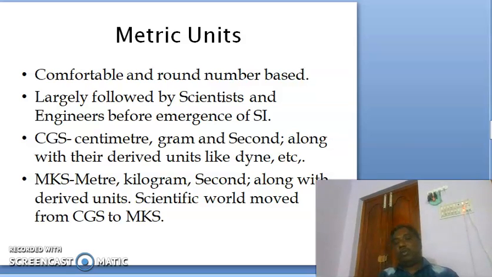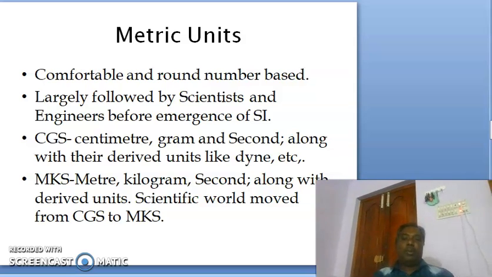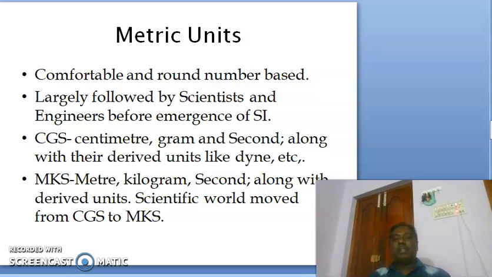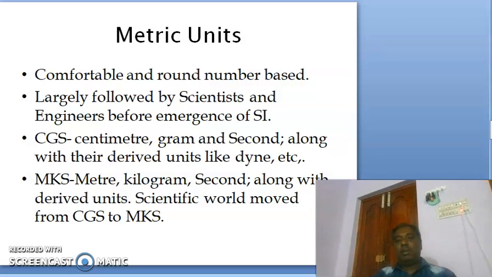Metric units. Metric units are based on number 10 and its multiples. They are very comfortable, and obviously they are round number based. They were largely followed by scientists and engineers before the emergence of the SI system.